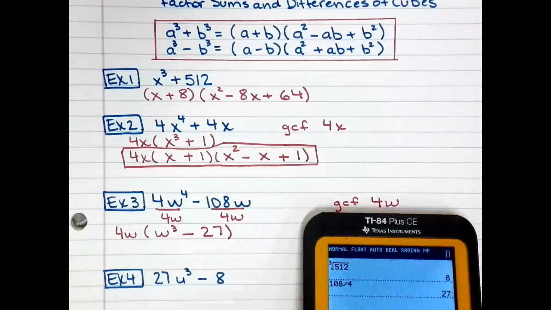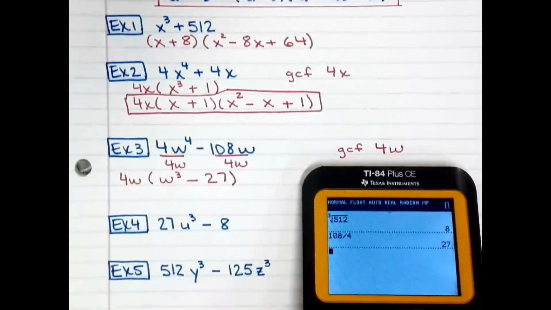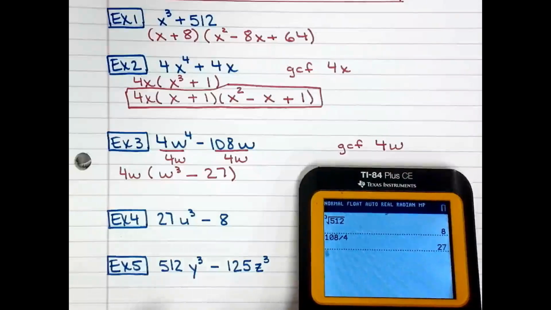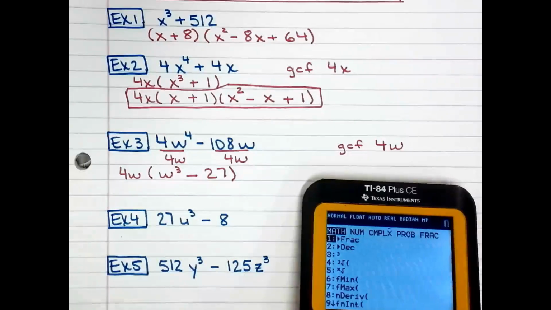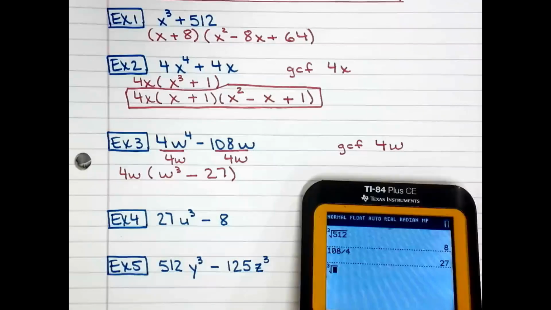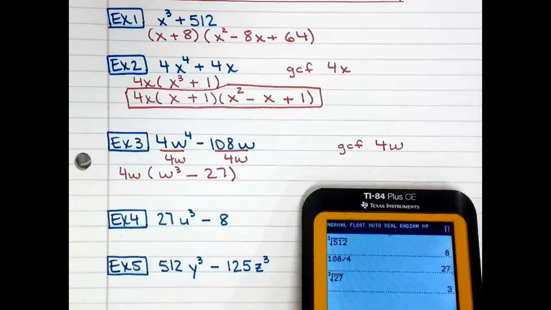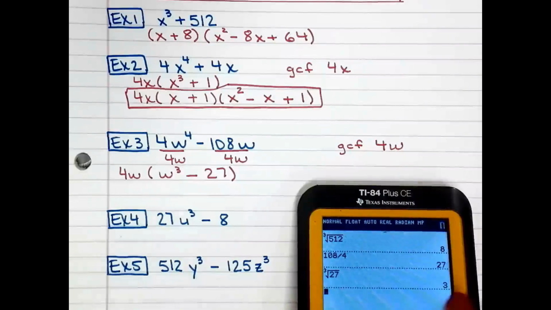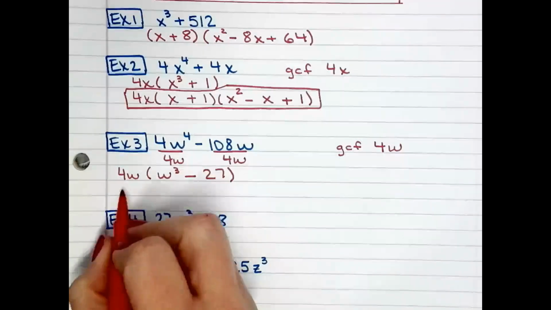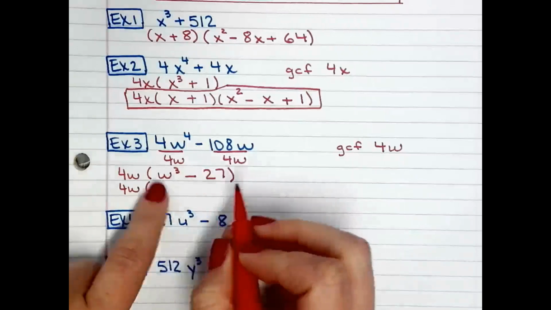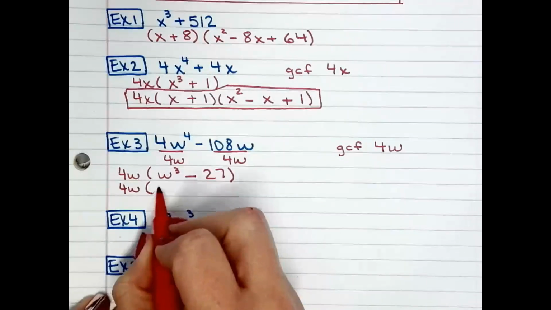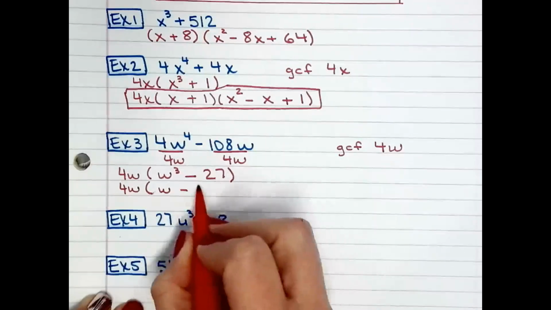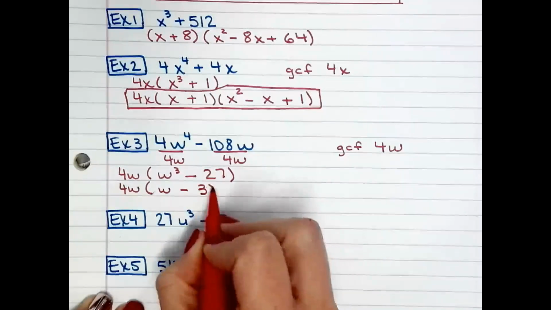If you don't, you should have a couple of them memorized so you can pick out the perfect cubes, or write yourself a little list. That's good to have. So cube root of 27 is 3. So 4, cube root of w cubed is w minus cube root of 27 is 3.